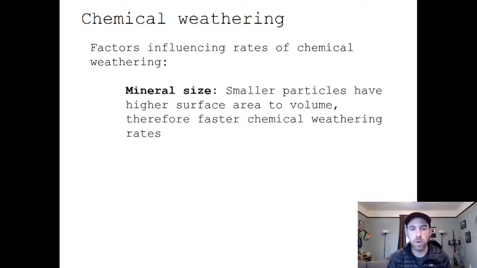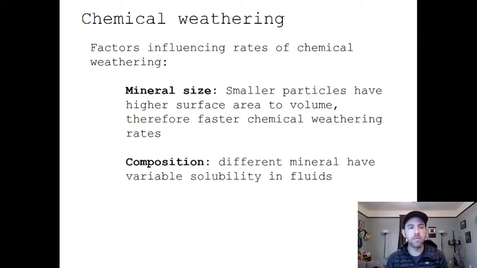So if you had small particles to start with, like we talked about a little bit earlier with the physical weathering, the smaller the particles are, the higher the surface area to volume ratio, right? So the more surface area that's available for whatever fluid is carrying the chemical products that are responsible for the weathering process, the faster the chemical weathering process can occur, right?